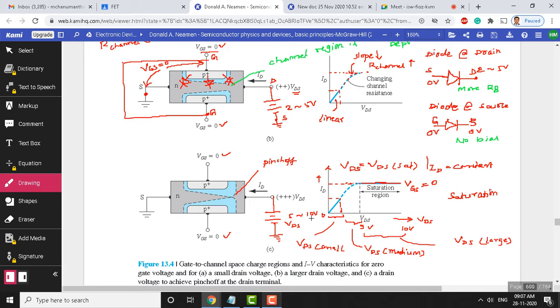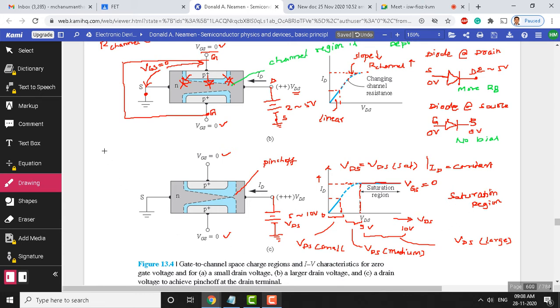In the characteristics we have shown that the drain source voltage for which the drain current becomes constant is called the saturation region. It is clearly shown in the graph. Saturation region is most important. Does anybody know for what application we use the FET in the saturation region?